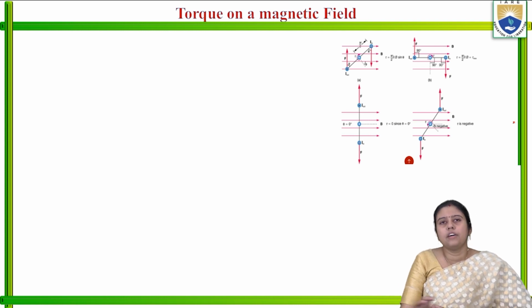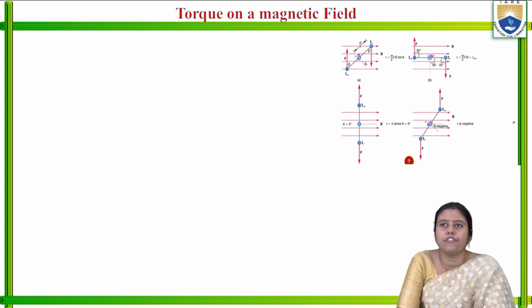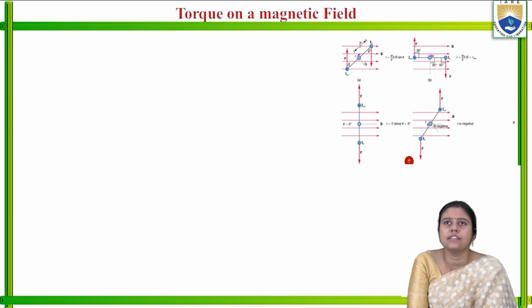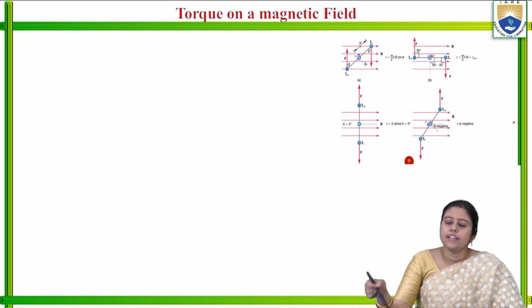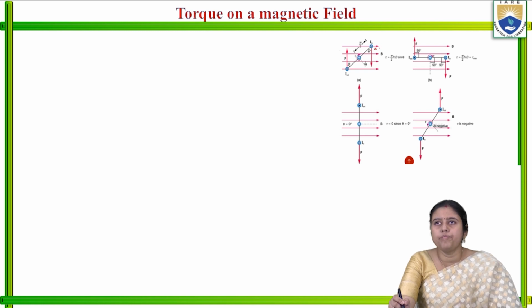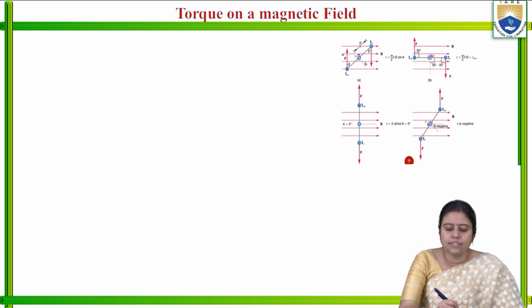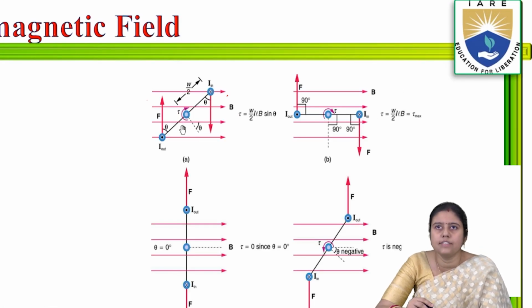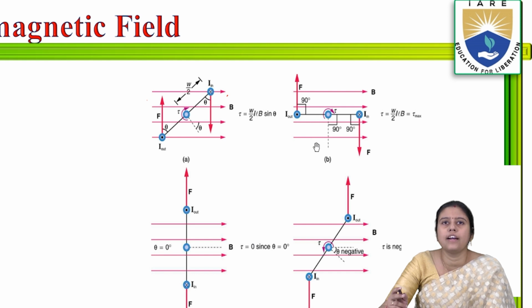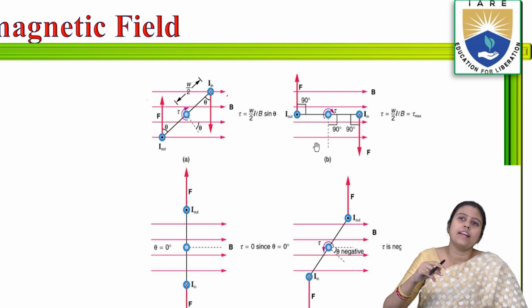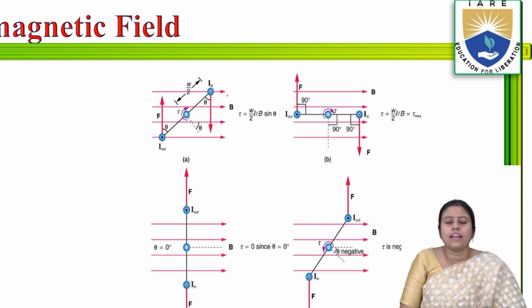Now before moving to question number 4, we will discuss the torque on a magnetic field. You can see that this is the poles and this is a current carrying conductor. So it is a rotating current carrying conductor, means it can stay in any position.